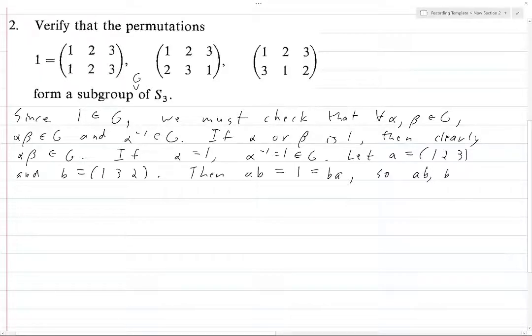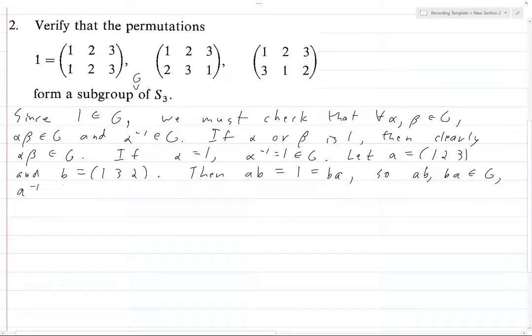So AB and BA are in G, and A inverse equals B is in G. Well, okay, let's be super pedantic.